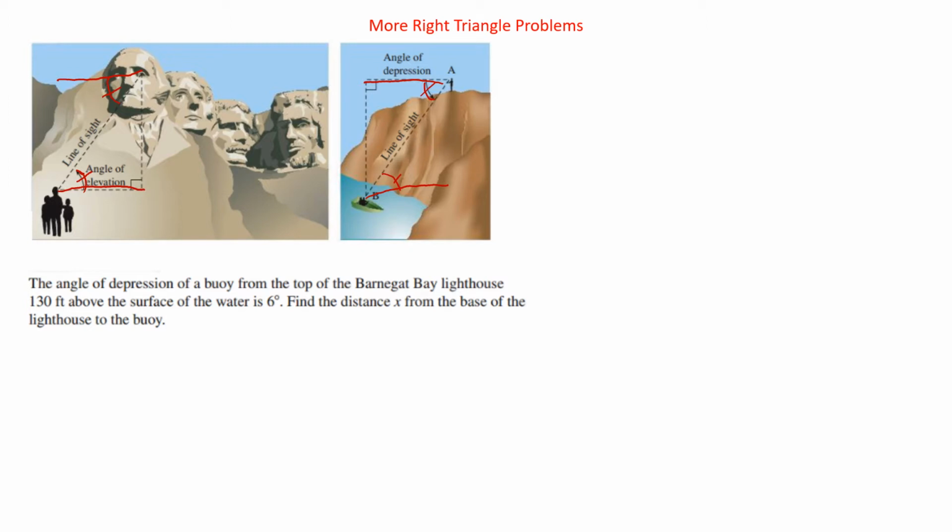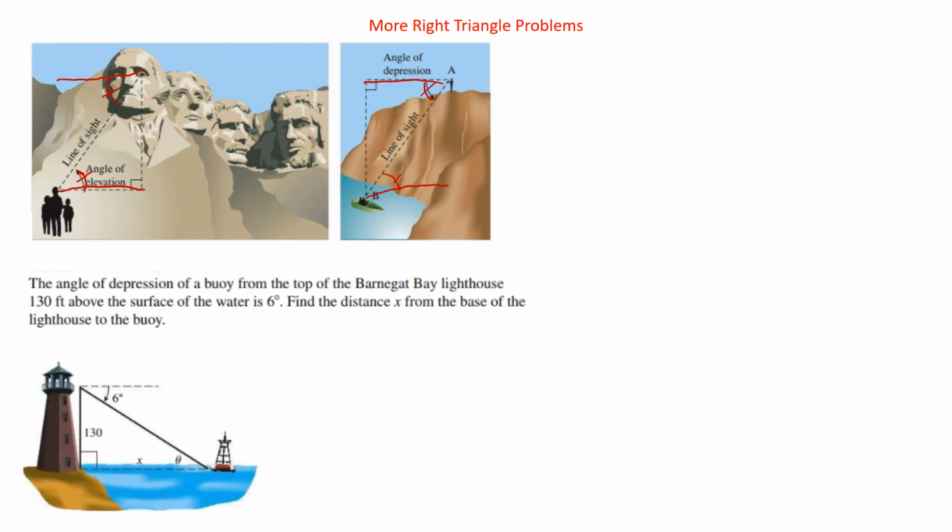So drawing a picture of this, the angle of depression is right here, but this triangle doesn't make as much sense because we're looking for this distance down here. We're looking for x. But knowing that these two are alternate interior angles and the same, this is also equal to 6 degrees. So then we set up a trig function.